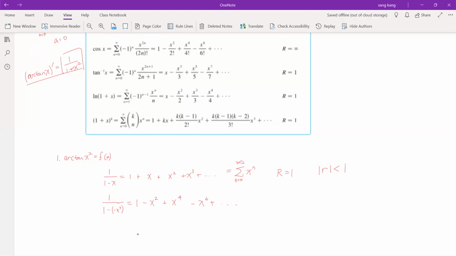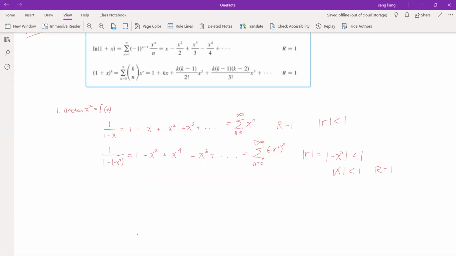Of course, if you wanted to change the notation, you can do the sum of minus x squared to the n, n equals 0 to infinity. R will stay the same, because the absolute value of negative x squared is less than 1, so the absolute value of x is still less than 1. Your radius of convergence doesn't change there.